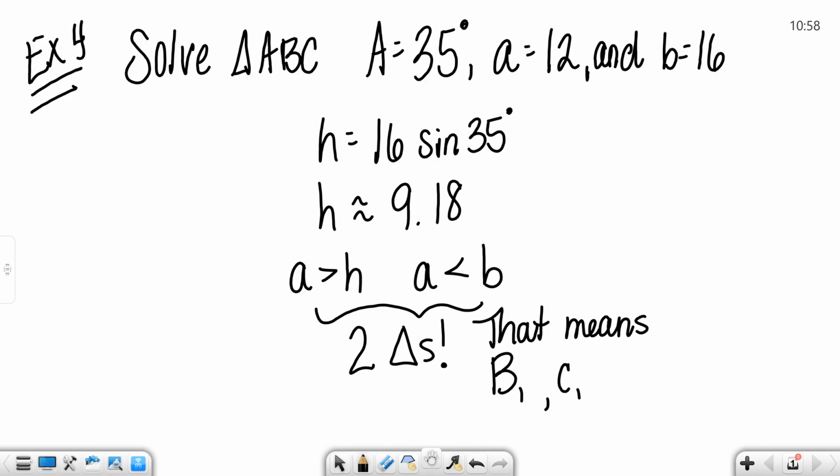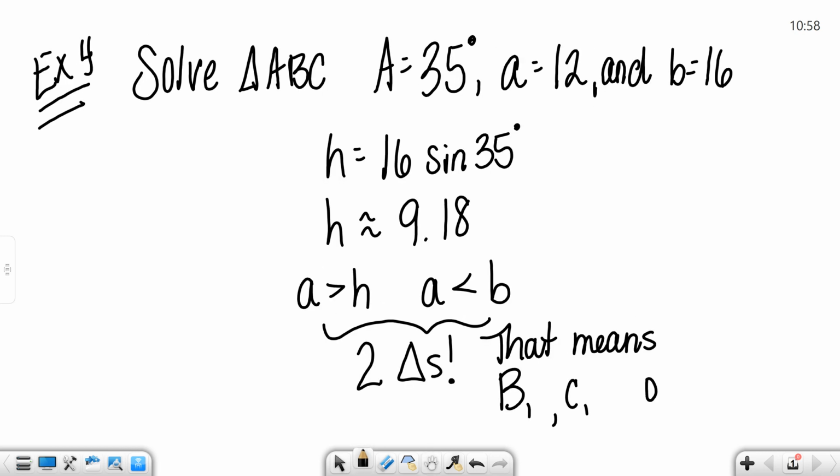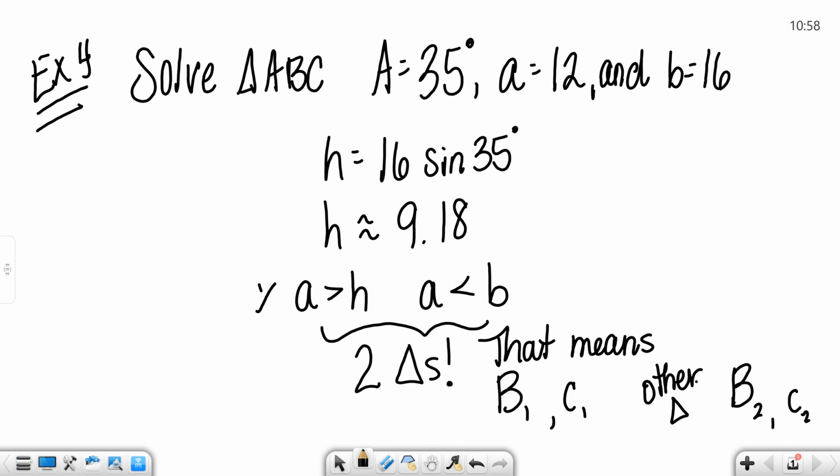And then on the other triangle, we would have another angle B and side c. So we get two different sets of answers. This is the one that is a little bit more complicated. It's just a little extra step of work. It's not hard work.